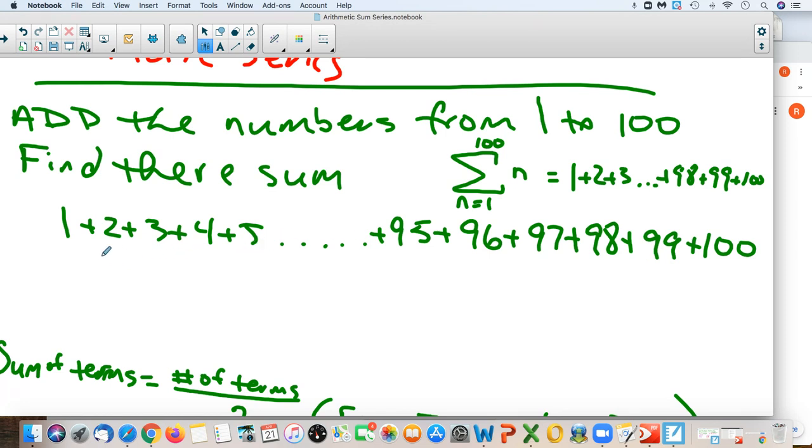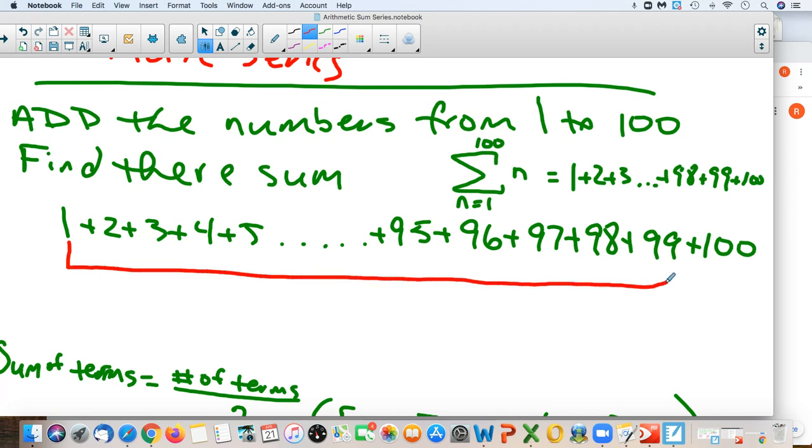So, he came up with an idea. If I want to add all these numbers, he saw a pattern. Okay, very genius idea he came up with. So let's see what kind of pattern he saw. He saw if you take the first term in the sequence and add it to the last term, you made a number 101.